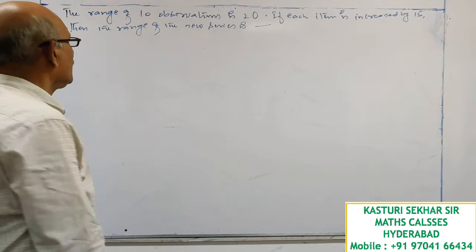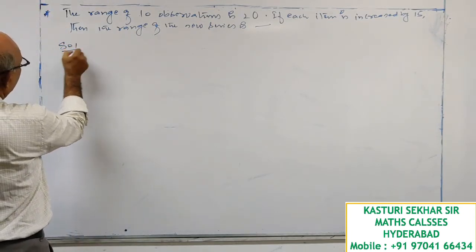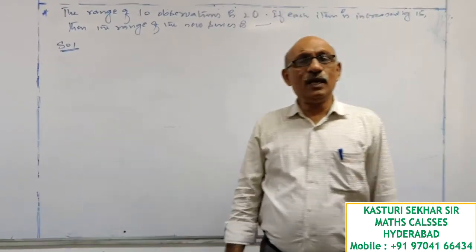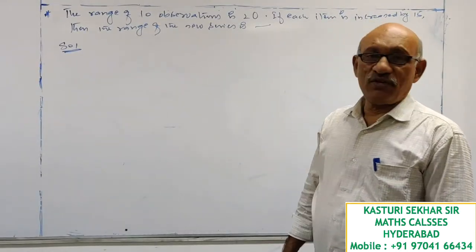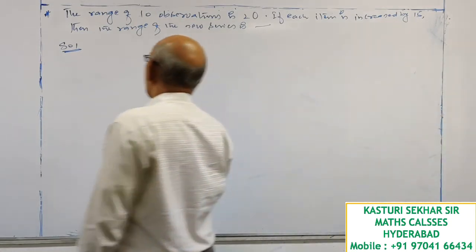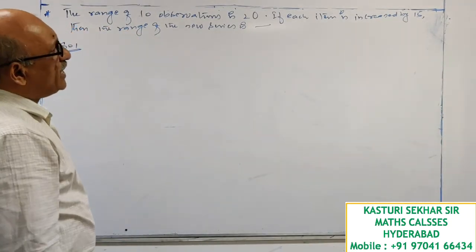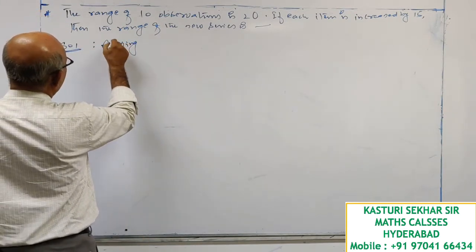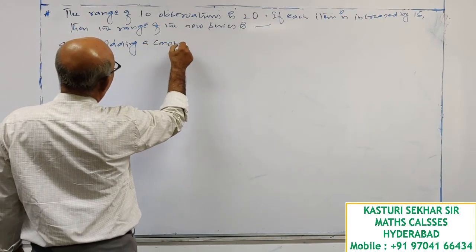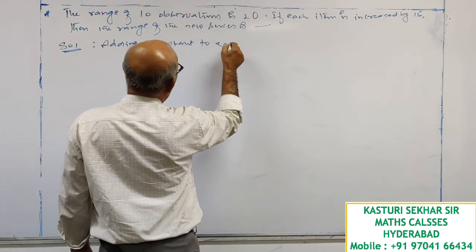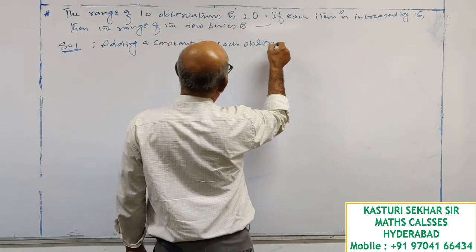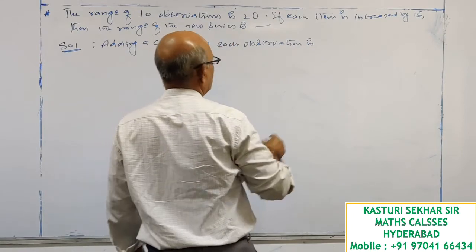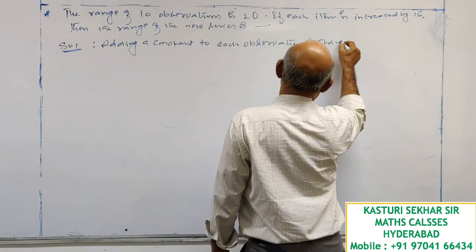Okay, sir. What is given? 10 observations are there, and their range is 20. Individual values of the observations are not given. No problem. If each item is increased by 15, adding a constant to each observation is a change of origin.